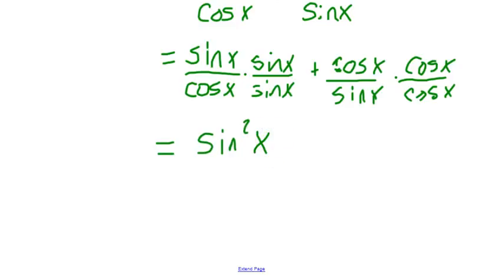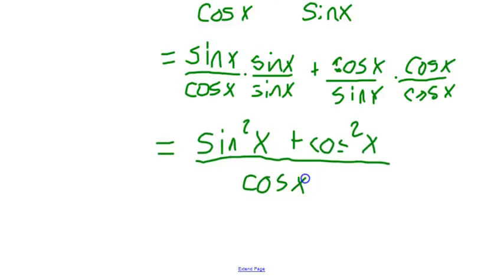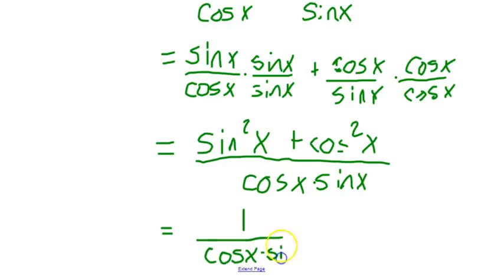Cosine x times cosine x is cosine squared x. And we can write this as 1 fraction over cosine x sine x. Now if you look at the numerator, you should start to recognize that it is our Pythagorean identity, sine squared theta plus cosine squared theta equals 1. So our numerator simplifies to just 1 over cosine x times sine x.